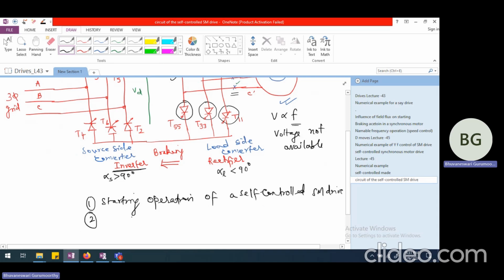The second thing is, once it is started, we need to look at the exact analysis and functioning of speed control operation. Once the self-controlled synchronous motor drive is up and running after the starting operation is completed, how exactly the speed control operation takes place, this we need to analyze. So we will be doing this in our next lecture.